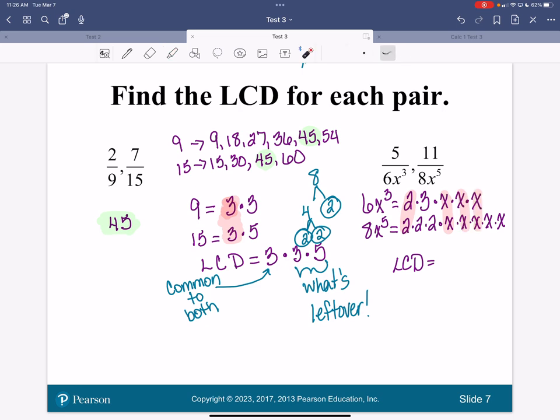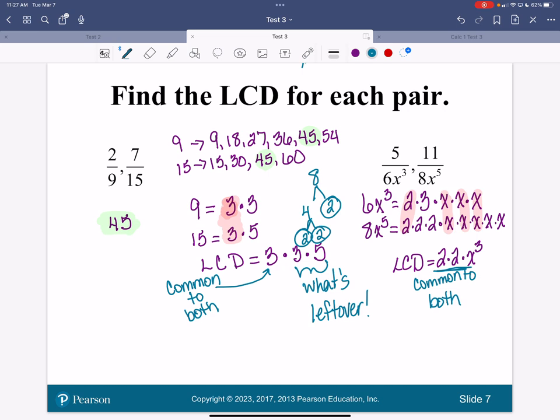How do I write x times x times x? X to the 3rd. Good. Okay, so I've got 2 times 2 that's common. And then I've got x to the 3rd that's common. So what I've done right here is common to both.